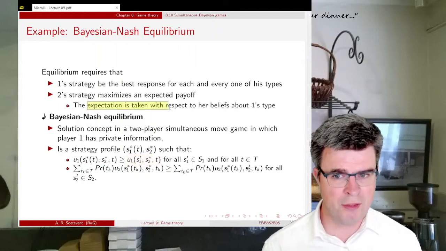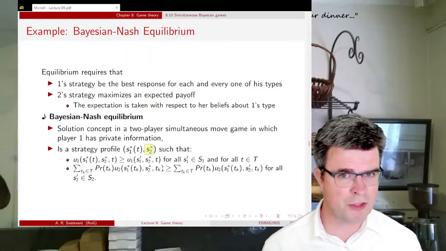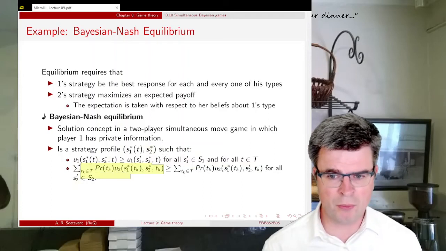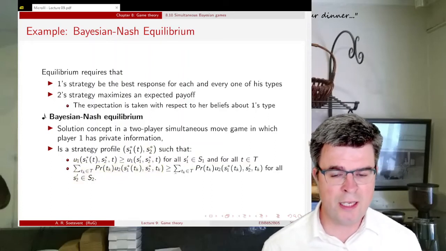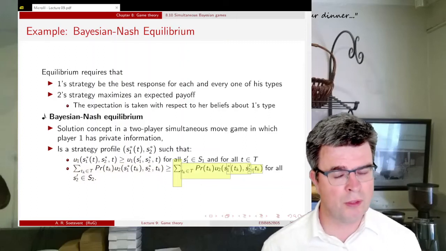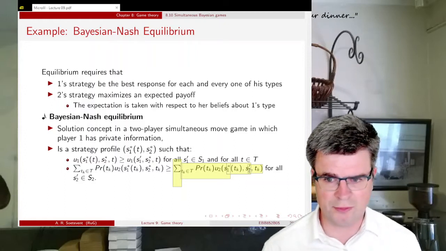And player 2 takes an expectation and maximizes an expected payoff. So the equilibrium strategy of player 2 must satisfy the condition that the expected utility of playing that strategy is at least equal to the expected utility that she would derive if she would play any other of her feasible strategies.